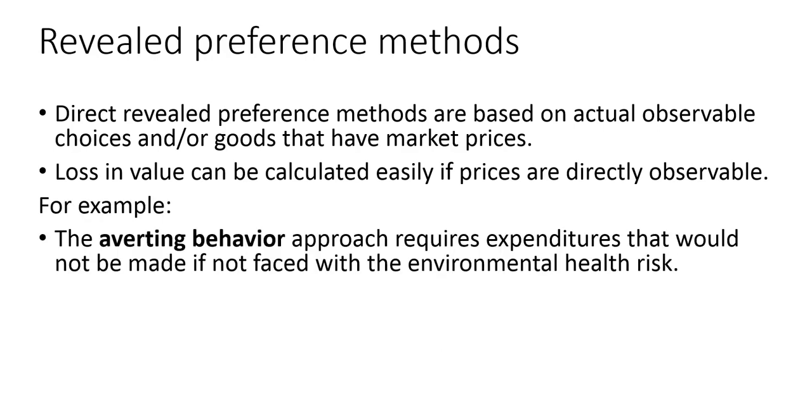For example, the averting behavior approach requires expenditures be estimated, or requires expenditures that are made if someone is faced with an environmental health risk. Averting expenditures is money spent to try to avoid an environmental health risk.